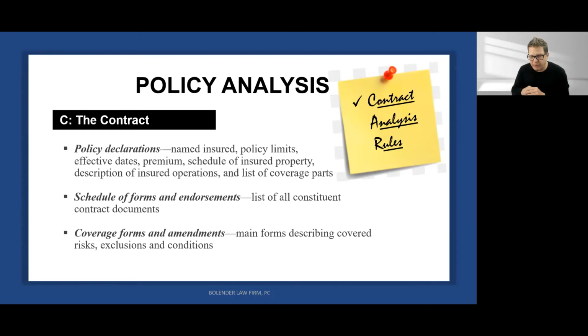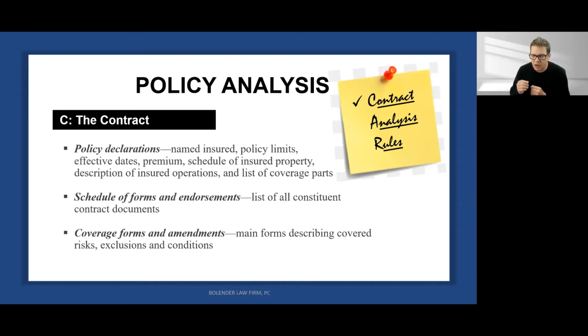Well, really three things. First, it's important to understand how to organize the policy documents for a review to determine what the policy consists of, what's important, what's not. Second, it's important to understand how to isolate the critical policy language that forms the basis of the dispute.